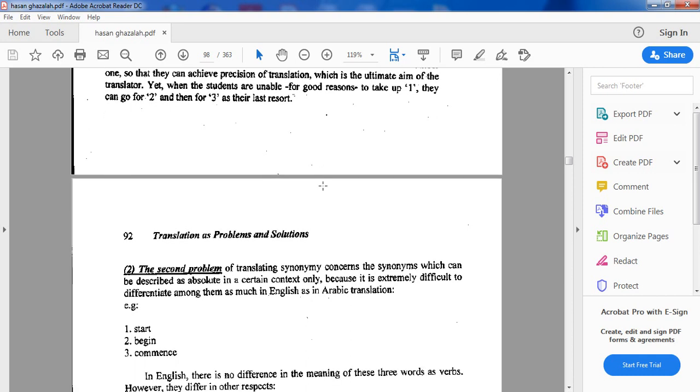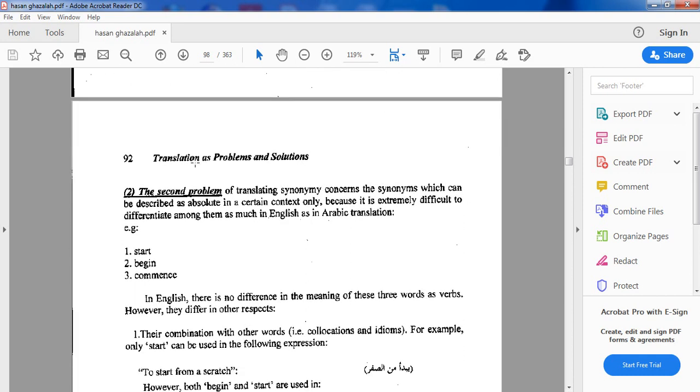The second problem. Translating synonyms concerns these synonyms which can be described as absolute in a certain context. So the second problem is that, as the writer says here, and actually as I have said, I don't agree with this.